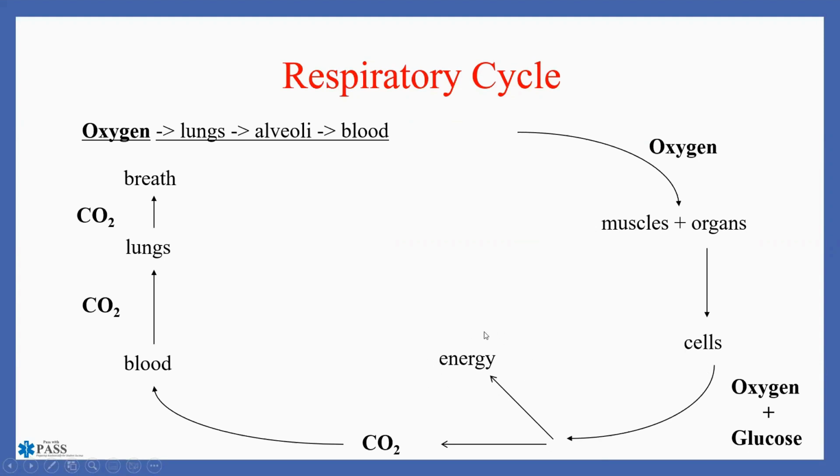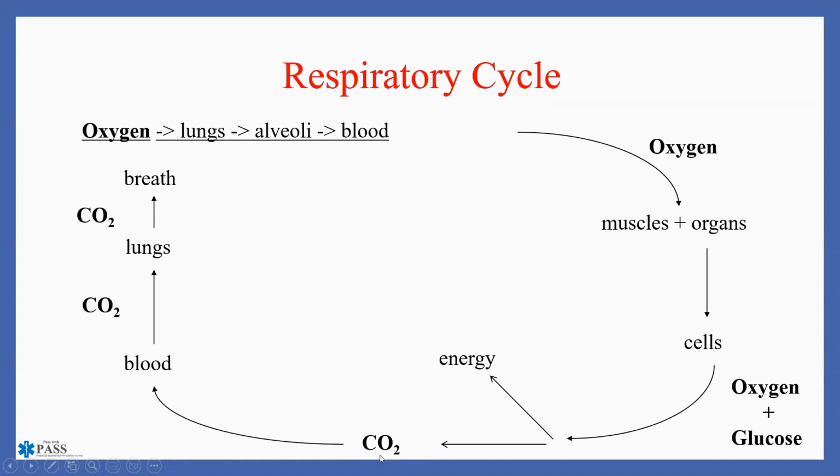Once we have energy, we now have a byproduct of the energy. And that is where your CO2 comes in. CO2 is a byproduct of metabolism. Energy is metabolism. So once we have energy and we have metabolism, we are going to now yield a byproduct of that we need to get rid of.